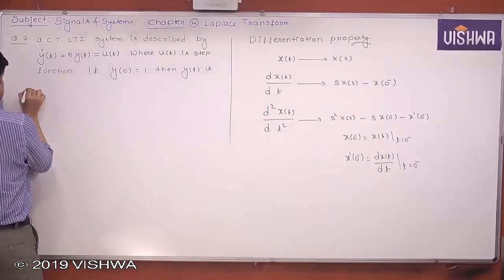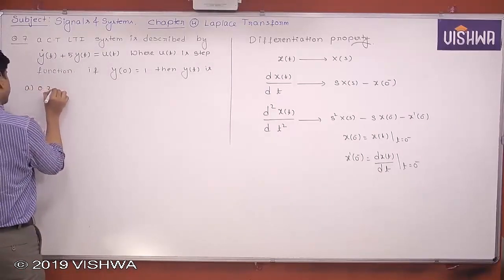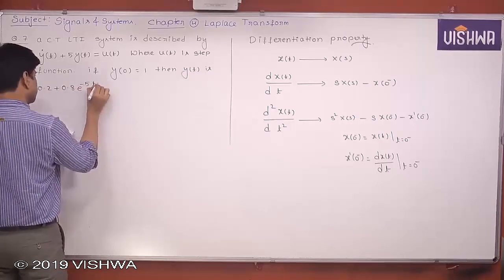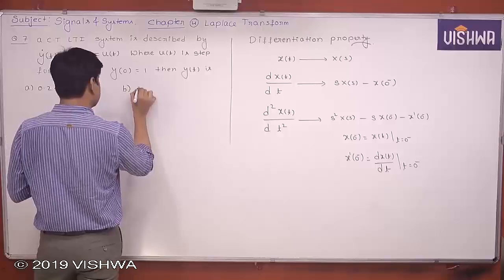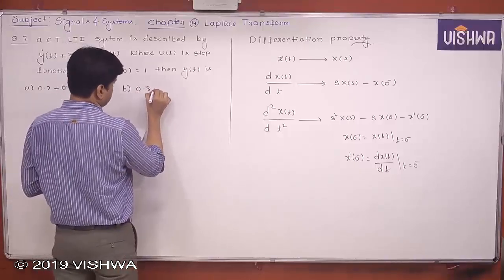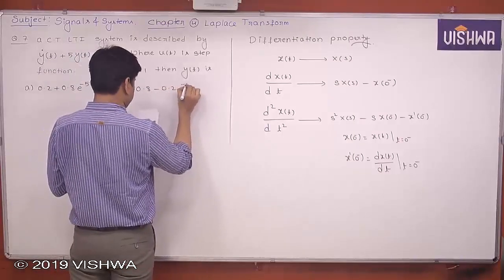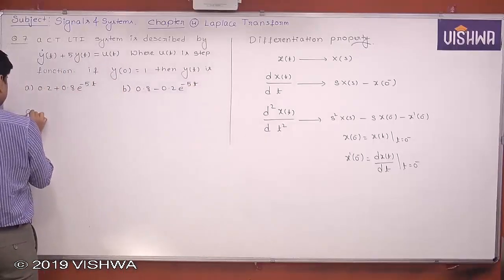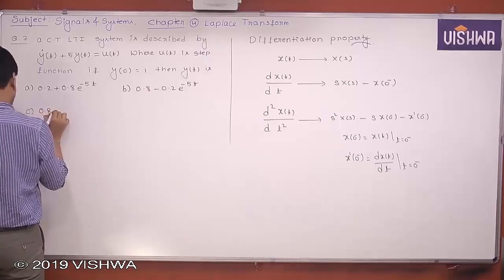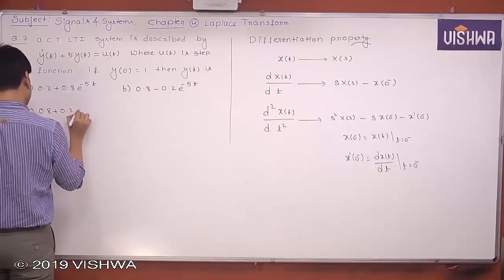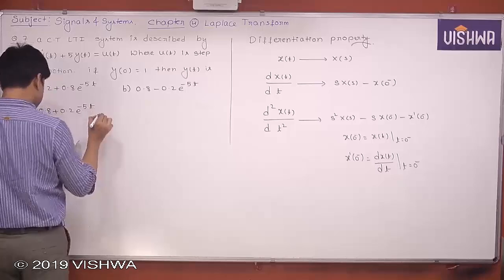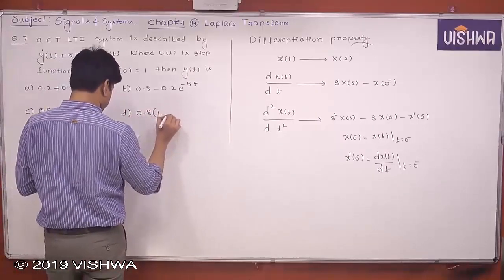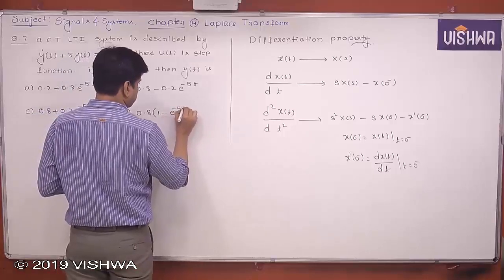Options: A, 0.2 plus 0.8 e power minus 5t; option B, 0.8 minus 0.2 e power minus 5t; option C, 0.8 plus 0.2 e power minus 5t; option D, 1 minus e power.